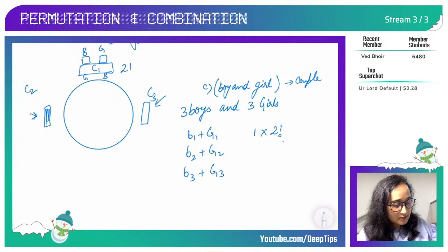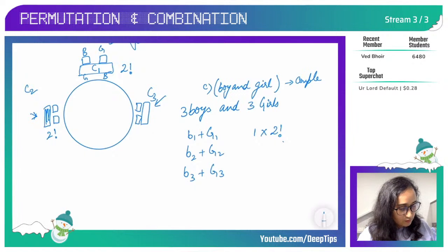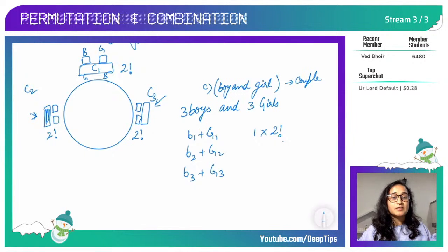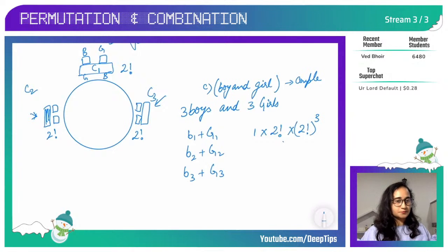So they can arrange themselves in 2 factorial ways. Here 2 chairs are placed, so they can also arrange themselves in 2 factorial ways. Here also we have 2 chairs, they can also arrange themselves in 2 factorial ways, right? So that means 2 factorial raised to the power 3, correct?